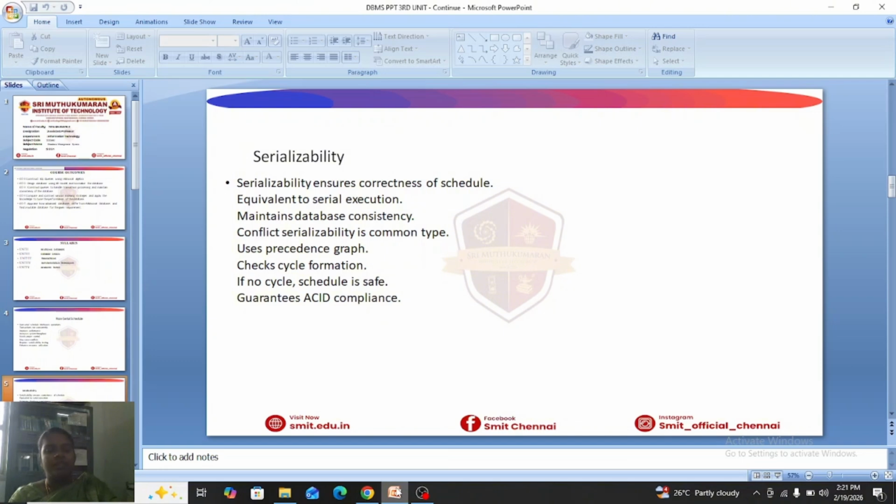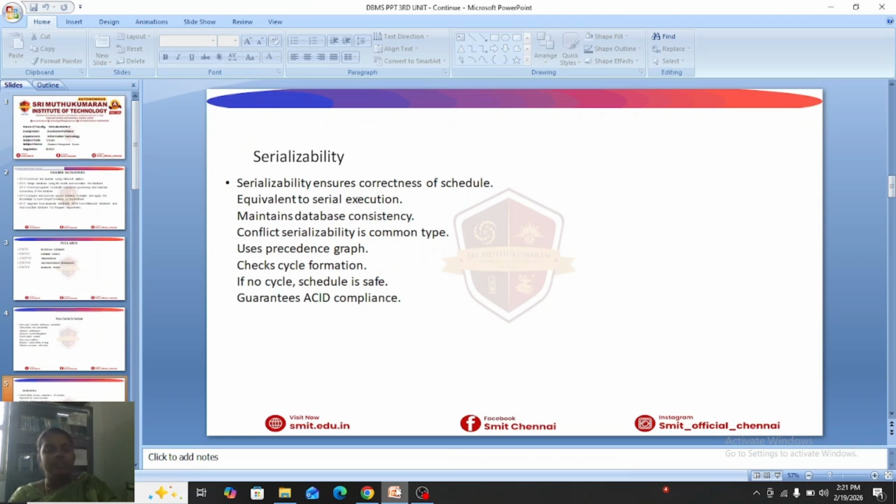In this, we'll be seeing about the serial schedule. It executes transactions one after another without interleaving. Actually, a schedule is serializable if the final result is equivalent to the result of some serial schedule. Even if operations are interleaved, the output must be correct.